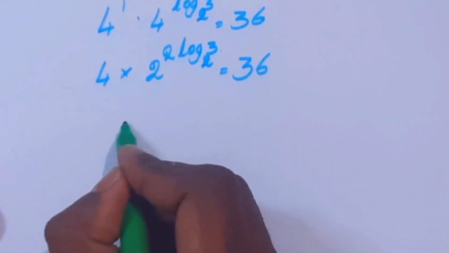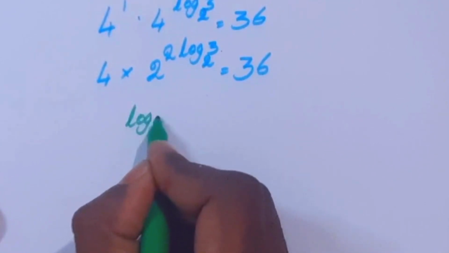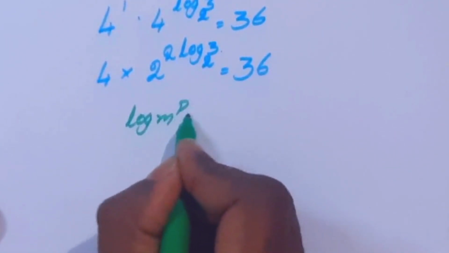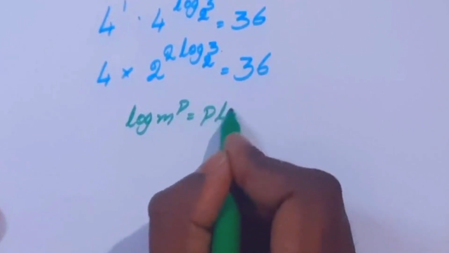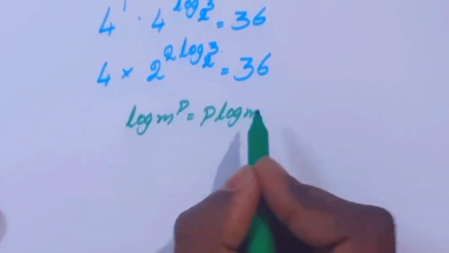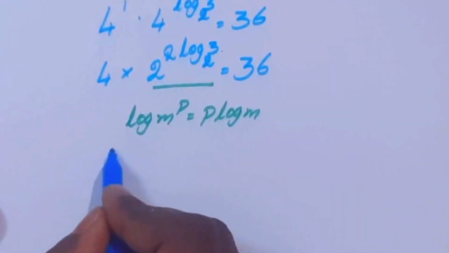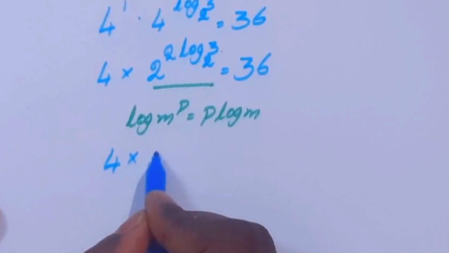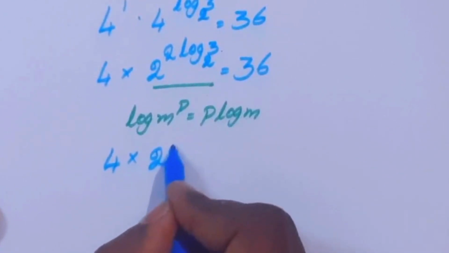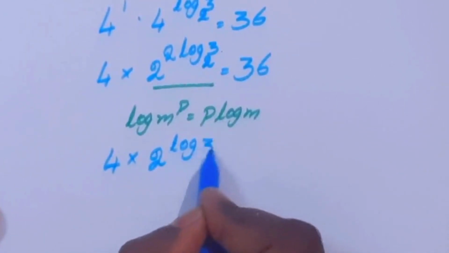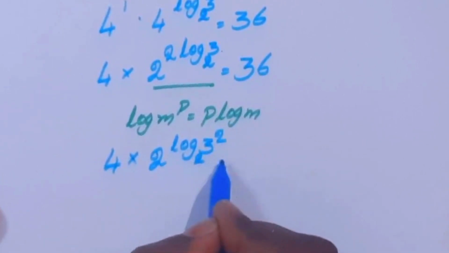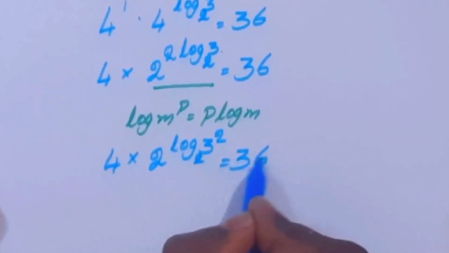Now log m power p equal to p log m. We are going to implement this here. 4 times of 2 power log 3 power 2 base 2 equal to 36.